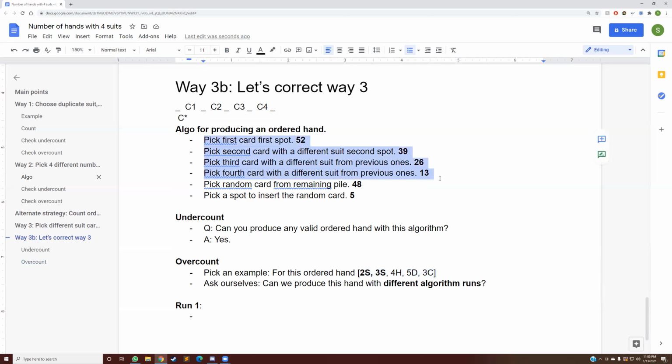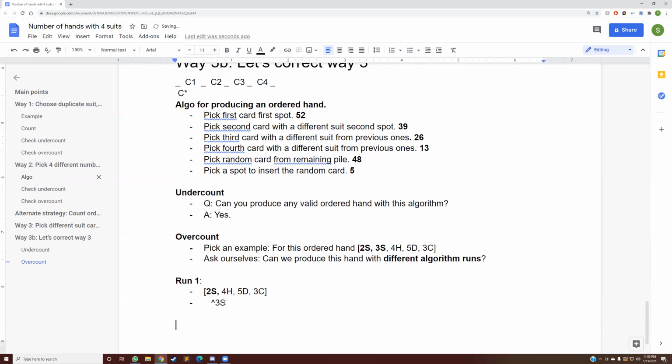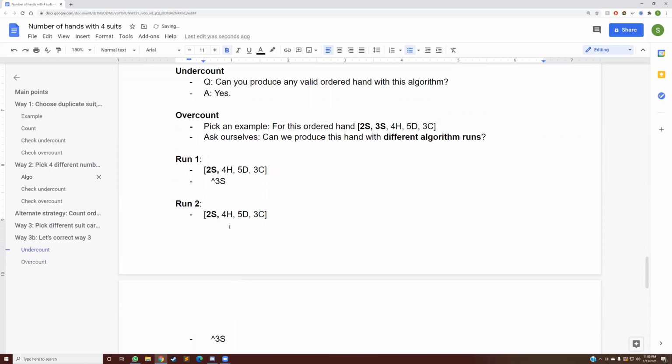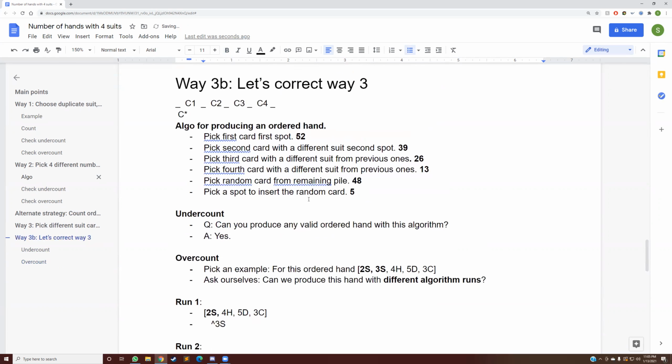So in the first 4 steps, as you say, you could have done this first, and then you insert 3s. Or you could also have chosen this first, and then you insert 2s in front.